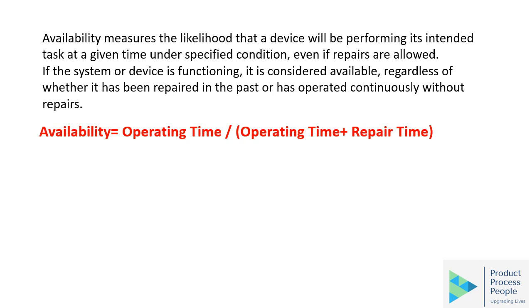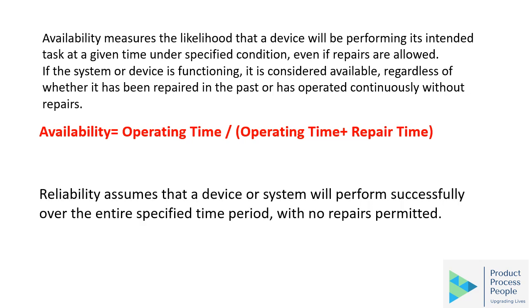Now, some people get confused between availability and reliability. The basic difference is that reliability assumes that the device or system will perform successfully over the entire specified time period with no repairs permitted.